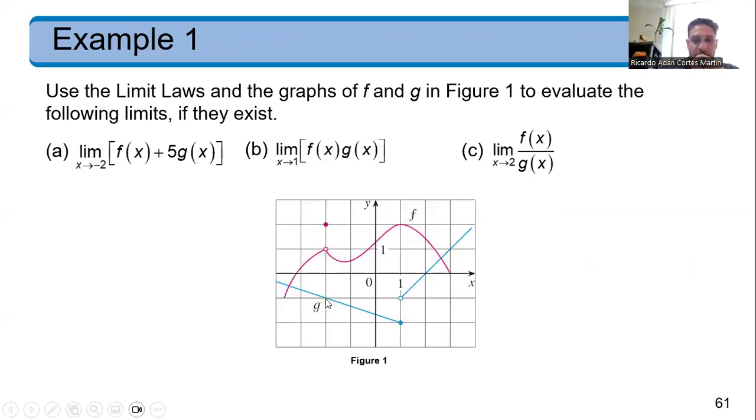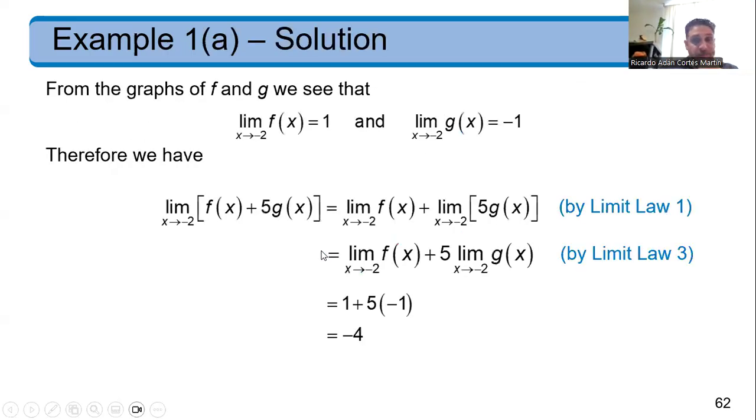So the limit of g is minus 1, and the limit of f is 2. Okay? No, sorry, 1. So we just add the limits and notice that this 5 is going to multiply the limit of g, okay? So in the end, we get the result of minus 4.